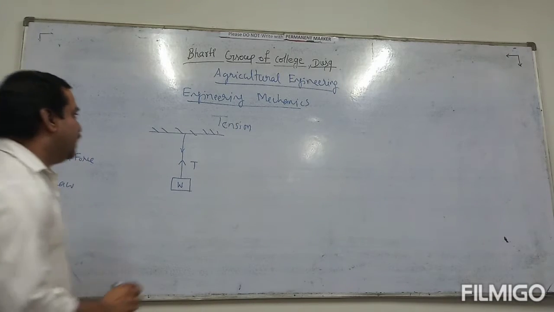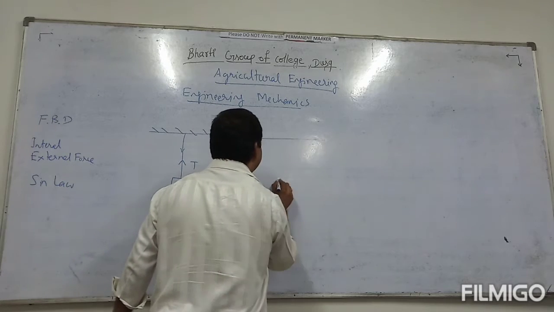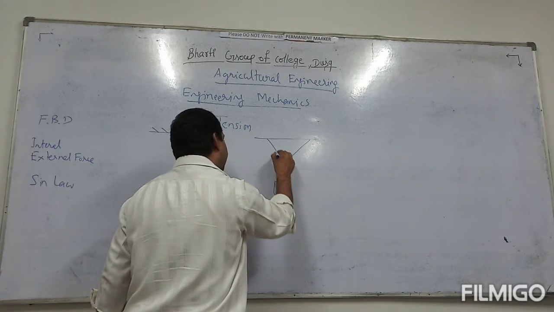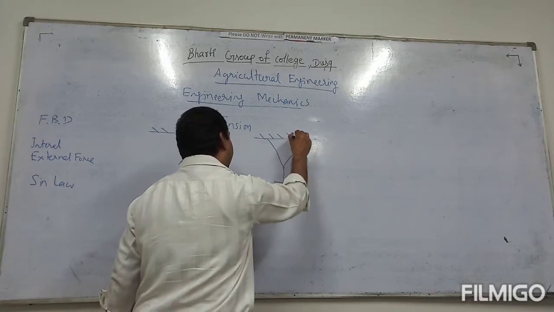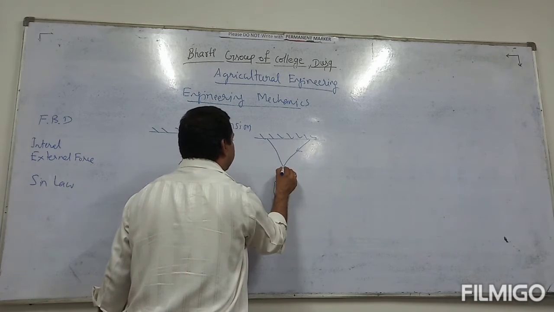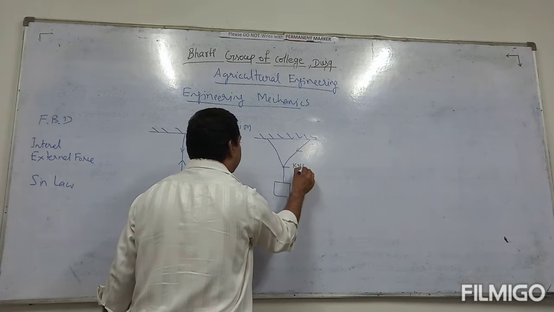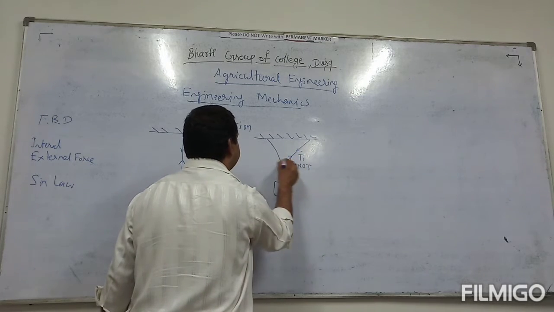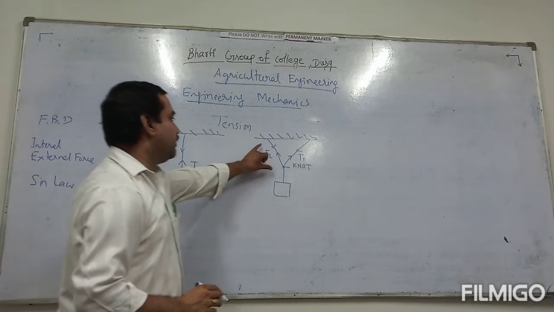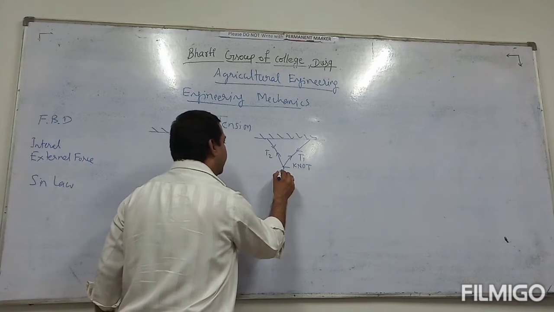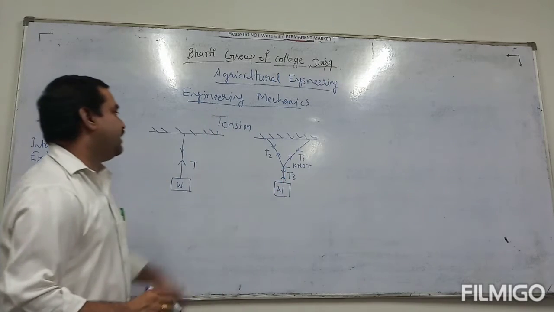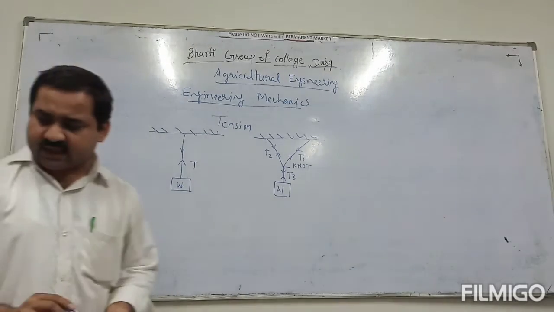If the weight is lifted by a combination of two strings from the ceiling, with one knot here, then this one is T1 and this one is T2. They are different because the lengths may be different, and here the tension is T3 for lifting this load. These types of tensions are there.